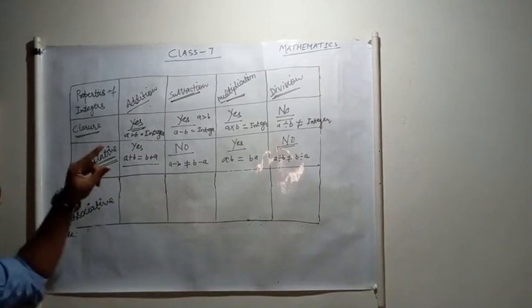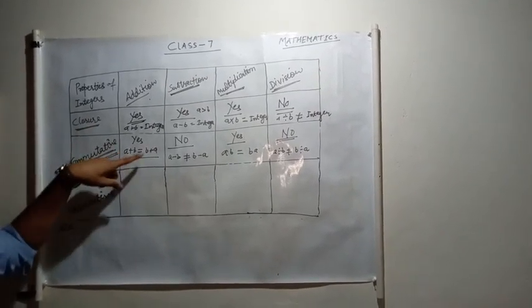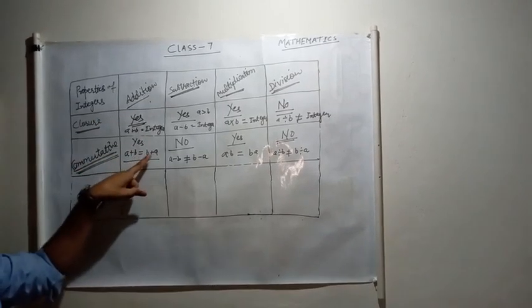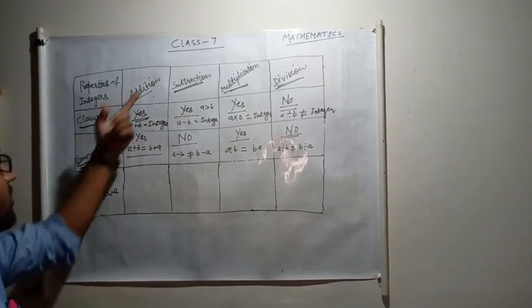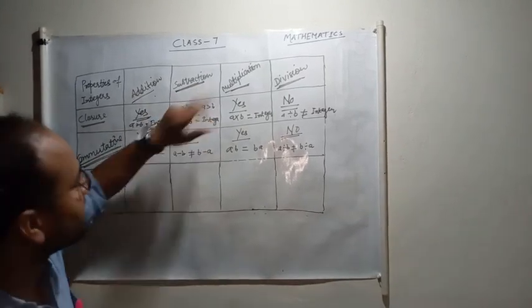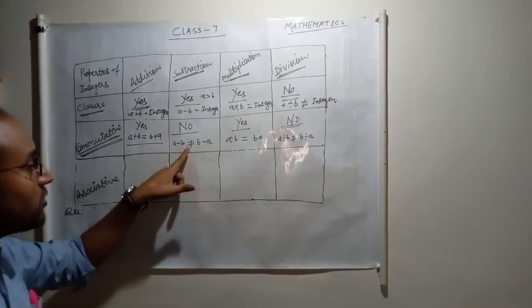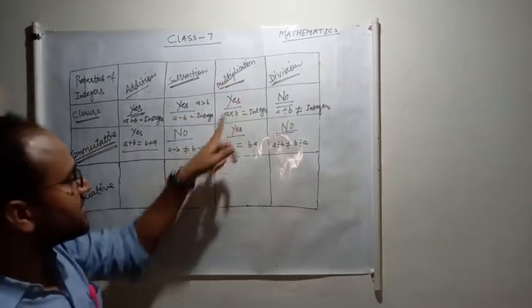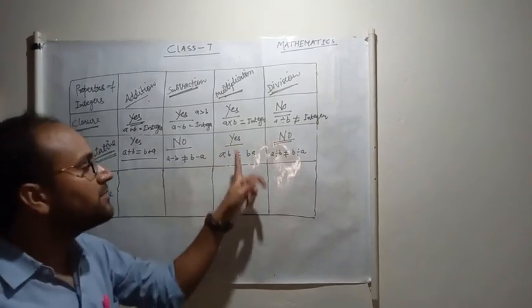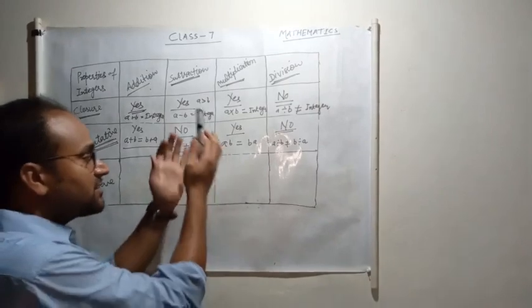Dear students, we have done closure and commutative. Commutative holds for addition. If a plus b is equal to b plus a, then we can say that yes, commutative holds for addition. Now we are talking about subtraction. Subtraction will not hold for commutative because a minus b is not equal to b minus a. Multiplication: a multiplied by b, b multiplied by a. If we interchange the order, we get the same results.